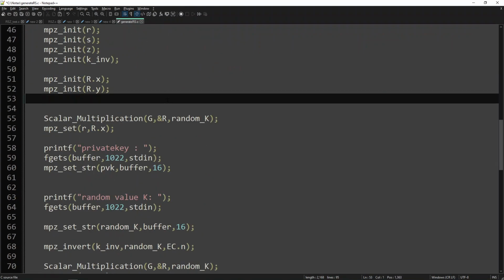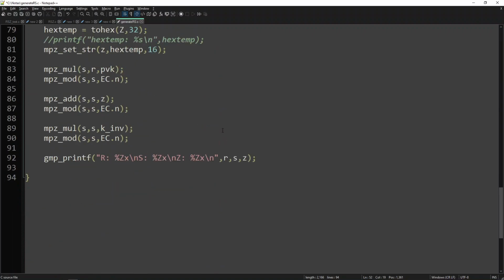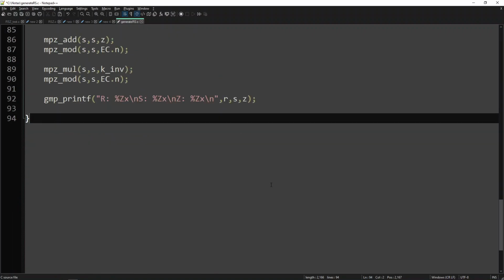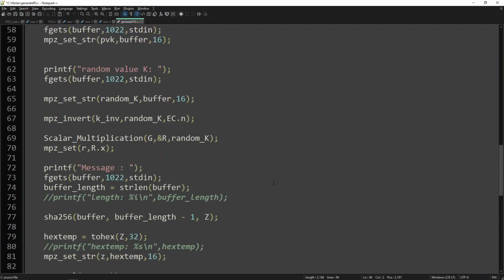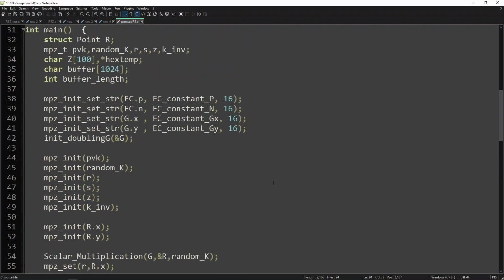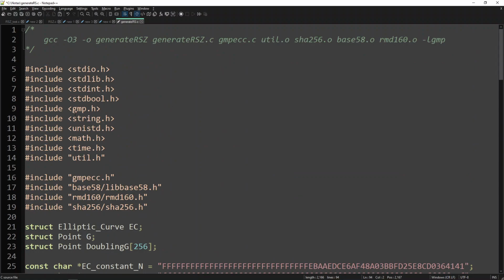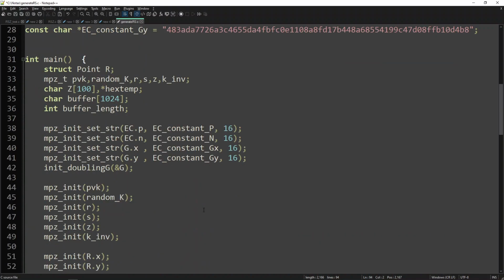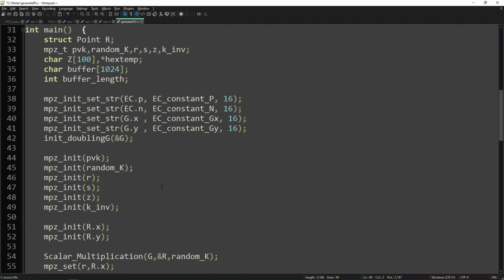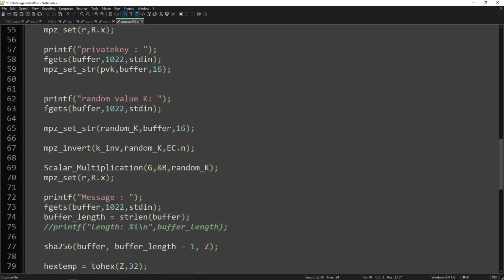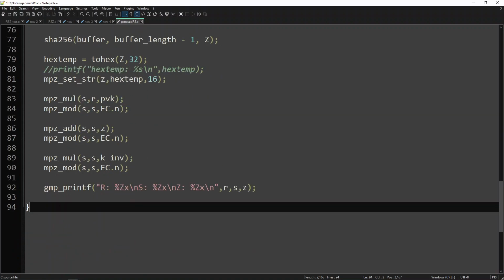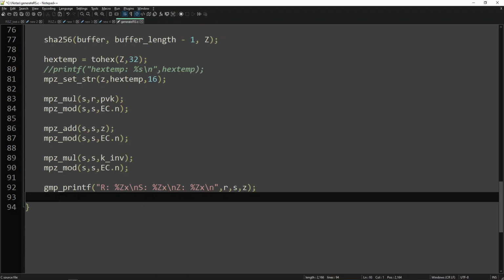I will create some repository to do that. Also, this kind of code is already in Python. It's easier to understand than this C program, but it's not difficult. This C program is only 90 lines of code.